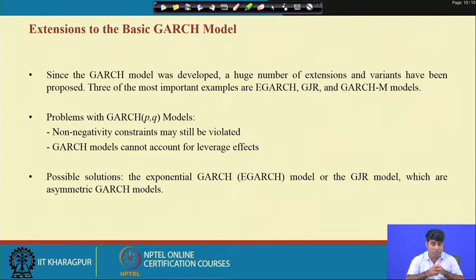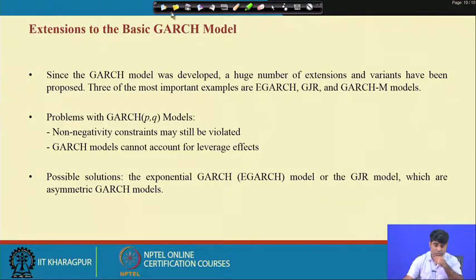Problems with GARCH(p,q) models: first, the non-negativity constraint may still be violated, and GARCH models cannot account for leverage effects, which you can take care of through EGARCH or GJR. A possible solution is the kind of structure through EGARCH, which is called exponential GARCH, and the GJR models, which are simply called asymmetric GARCH models.